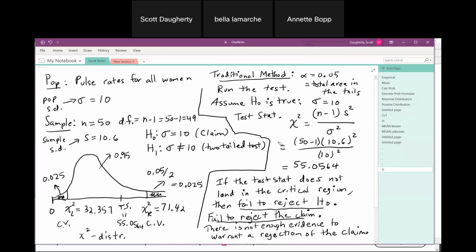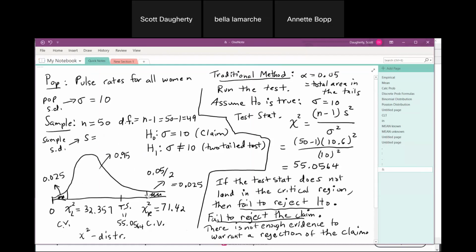What I want to do is change this to a different number, and we'll make it really big, like 20, and we'll see what kind of chi-square value we get. And then we'll make it really small, like 2 or 3 or something, and see what chi-square value we get.